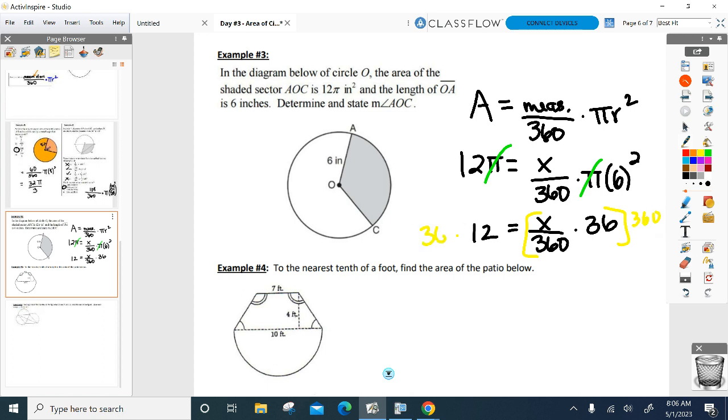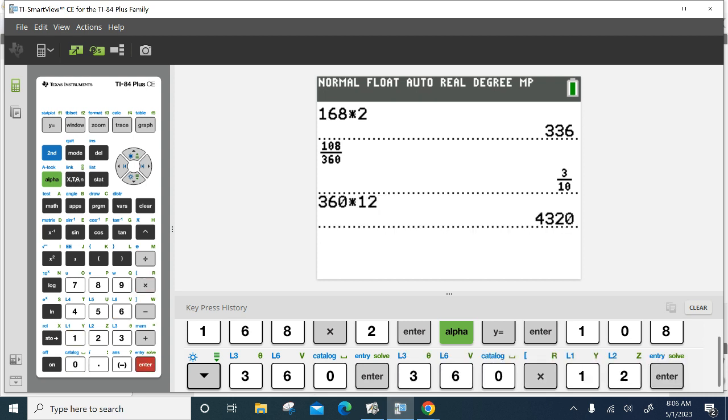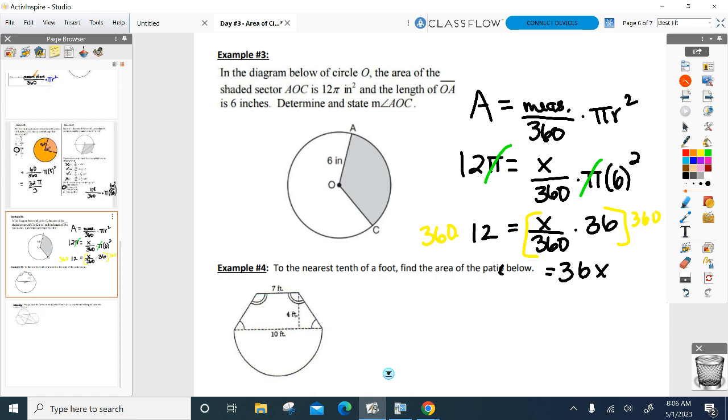We could have also divided by 36. So that cancels. I'm left with 36x on one side. And on the other, what's that bad boy? 4,320. And I think it's safe that we know what's going on from here.